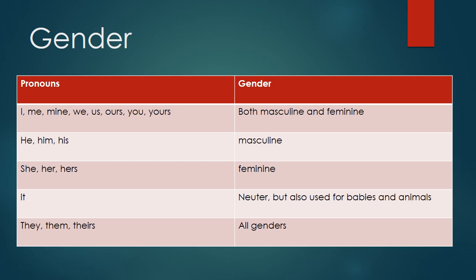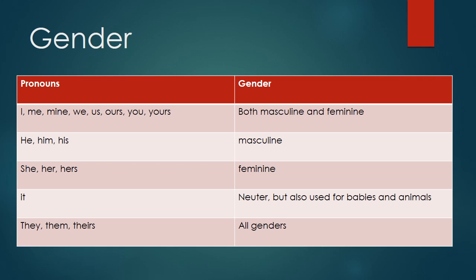If we talk about gender, I, me, mine, we, us, ours, you, yours can be used as both masculine and feminine gender. But he, him, his will be used as masculine gender for males, for boys, male family.